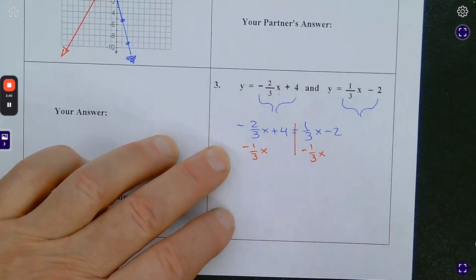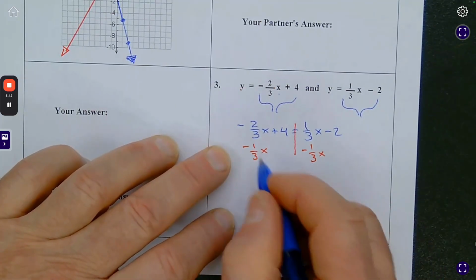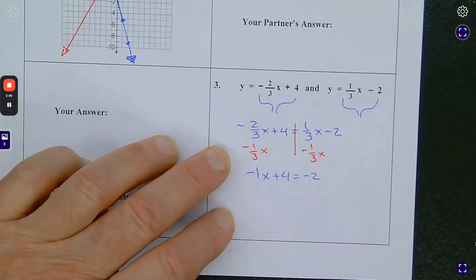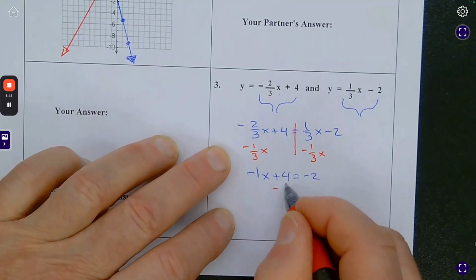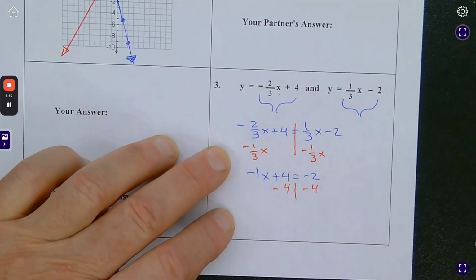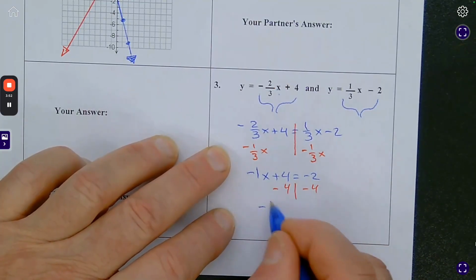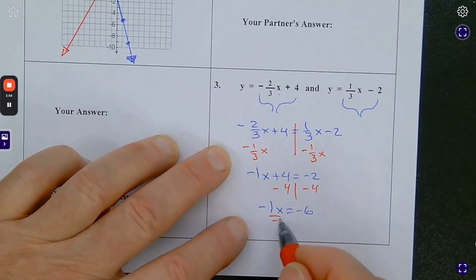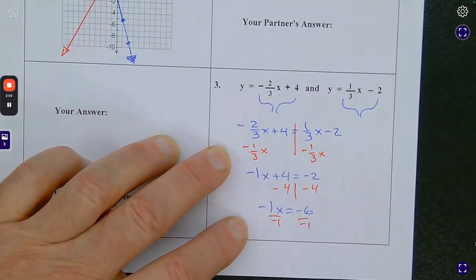Let your calculator do the walking. When you let your calculator do the walking, you're going to get negative 1x plus 4 equals negative 2. Subtract that 4. Let's move that over now. Negative 1x equals negative 6. Divide by negative 1. And you get x equals 6.